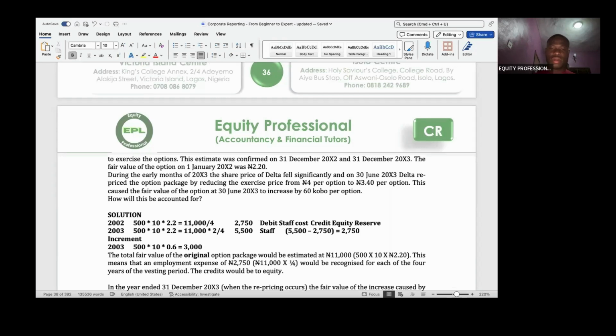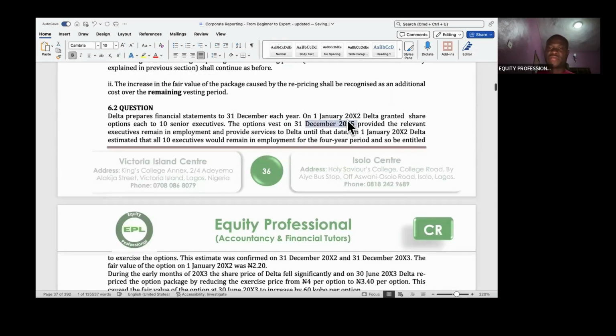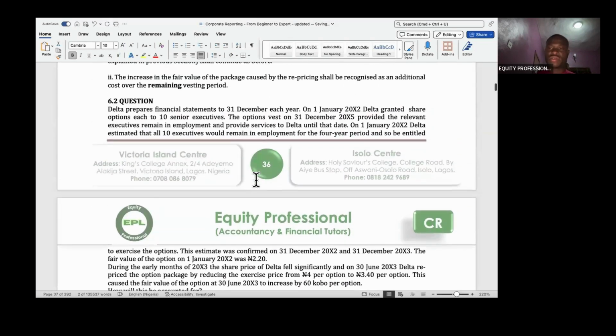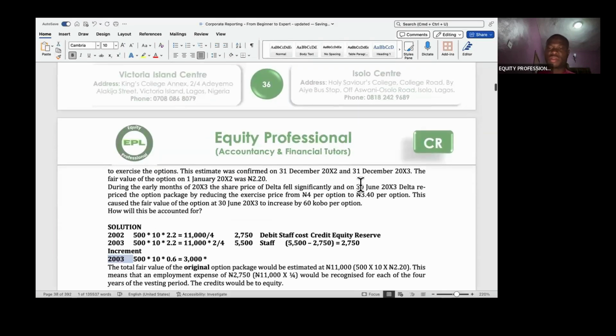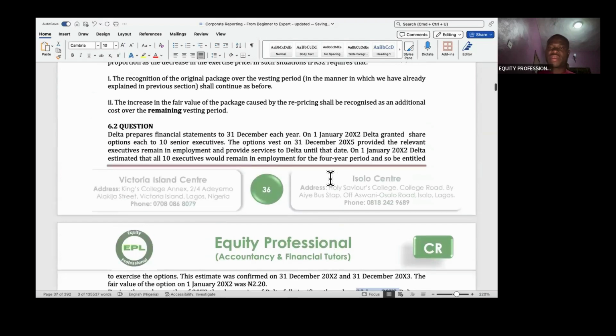So this increment happened in 2003, and the vesting date is 2005. So this increment will be treated from June 2003, when the increment happened, till December 2005, which is the vesting date.